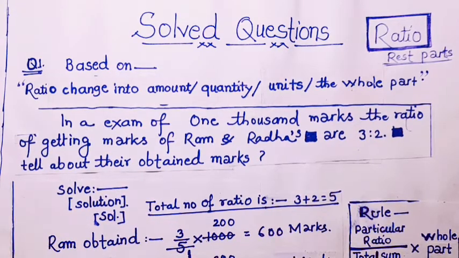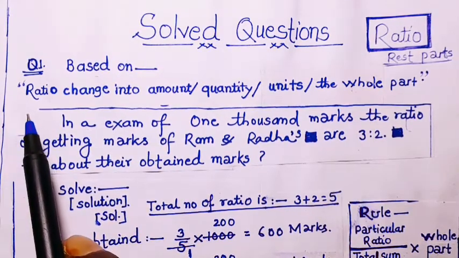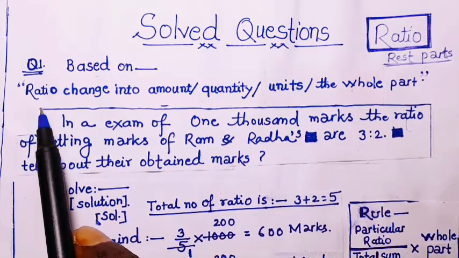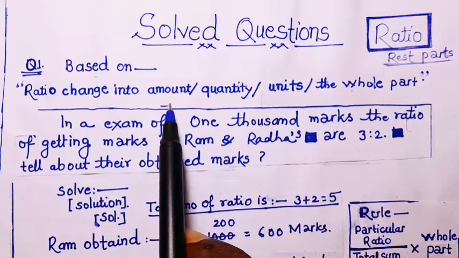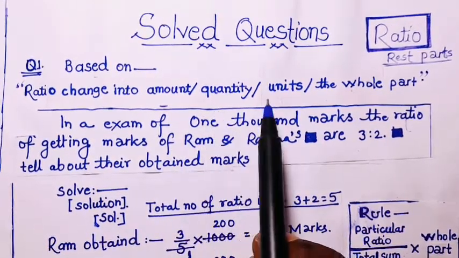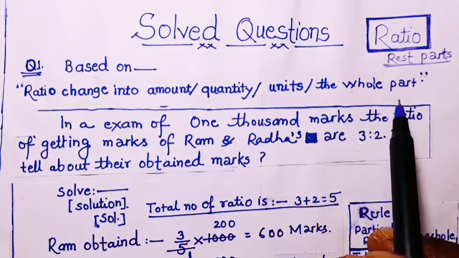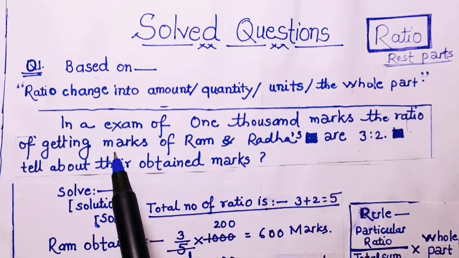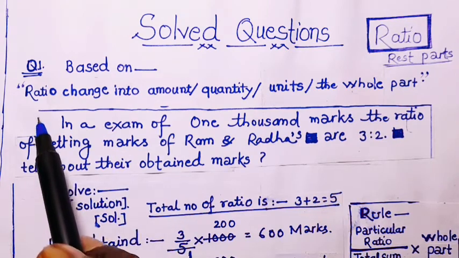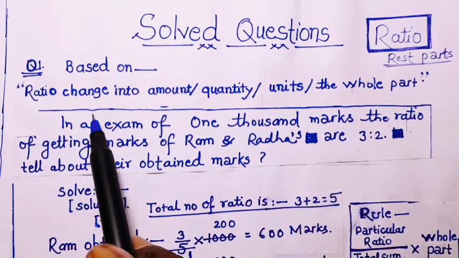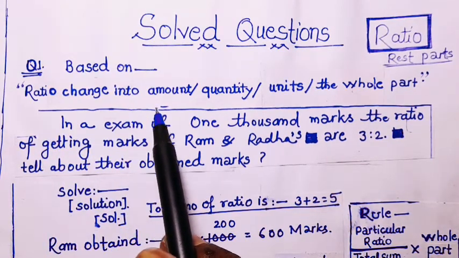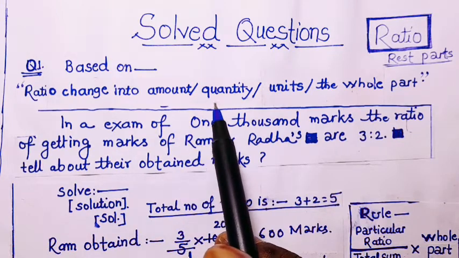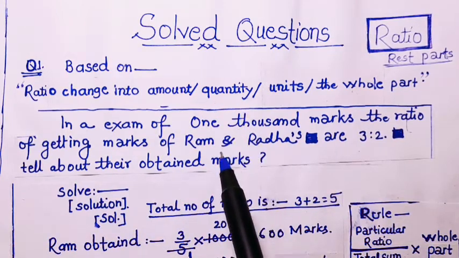At number first, it is written ratio change into amount, quantity, units, the whole parts. We have to learn in this number how ratio can be changed into the amount or the quantity.